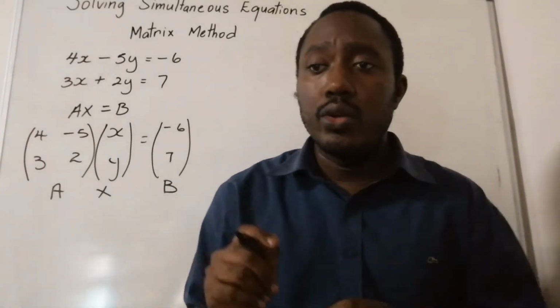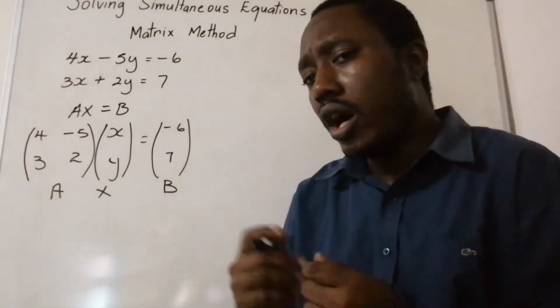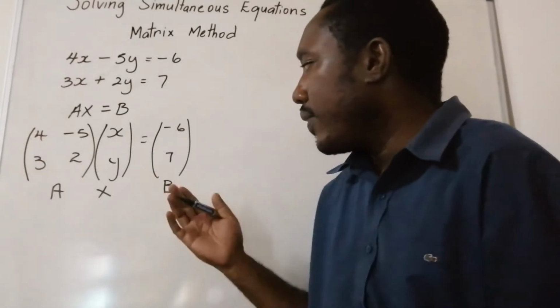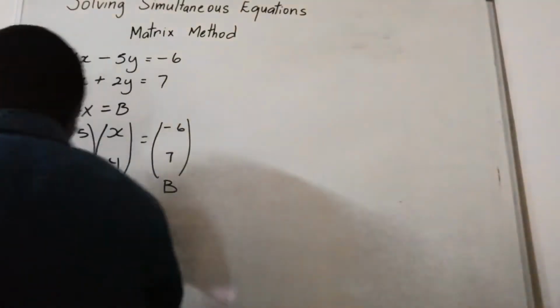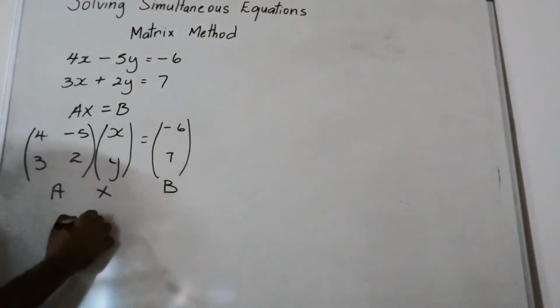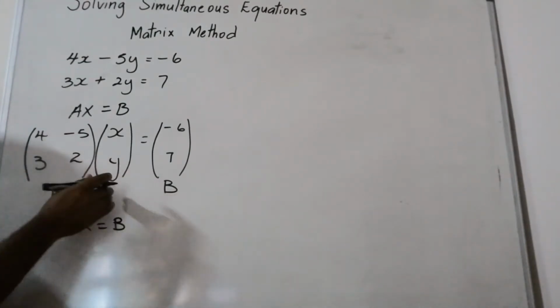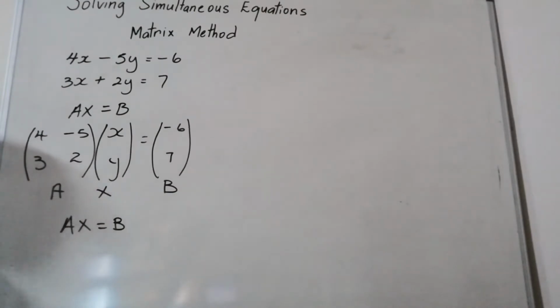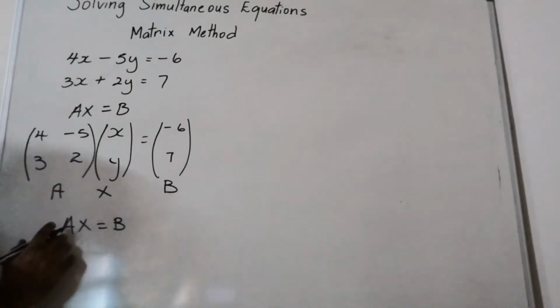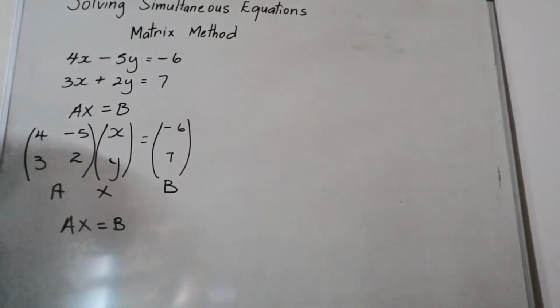Second step: how will we go about finding the answer? Here we have A times X is equal to B. What we're trying to find is what X is equal to, so we have to take A to the other side because we want X by itself.